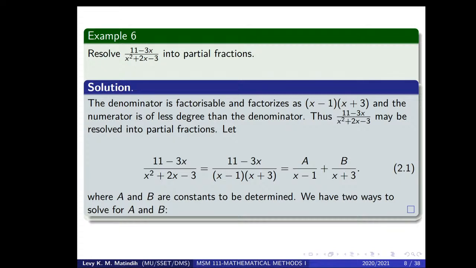Okay, so I'm going to beam, and then we're going to see some examples that involve rational functions. So this is our example number 1.